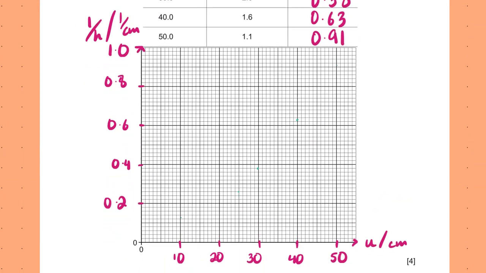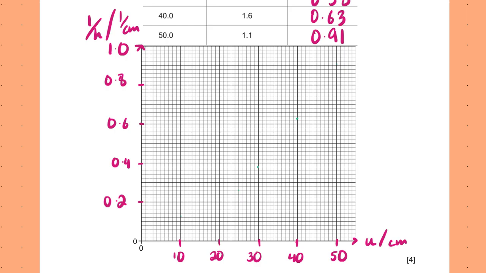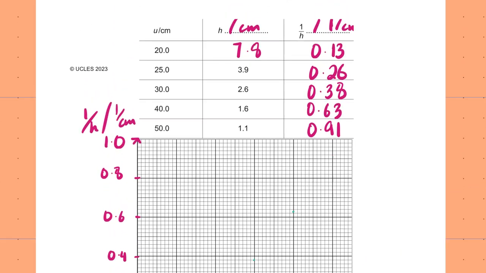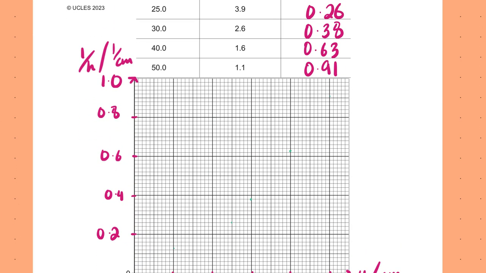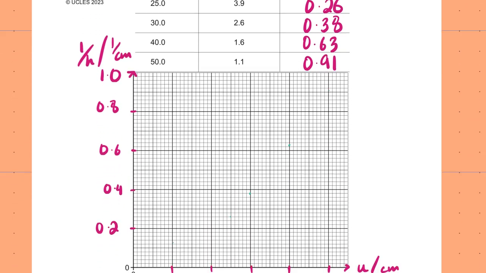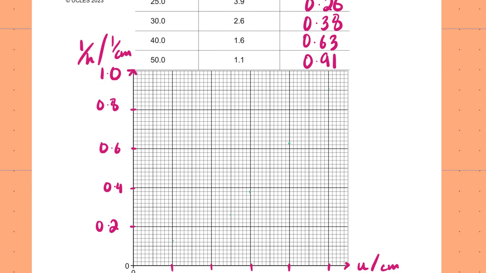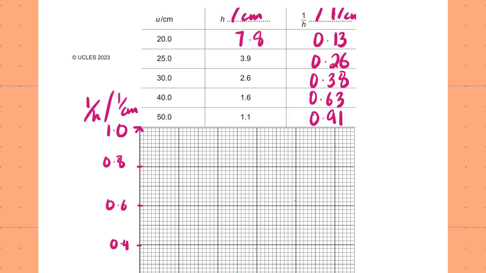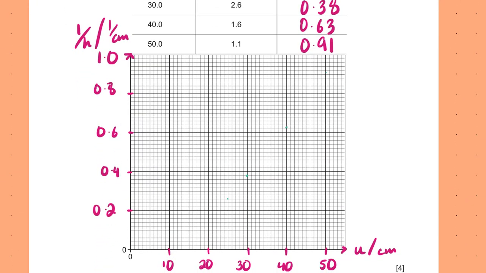So we have to do a line, right? Even though this for some reason looks like a curve. Oh, I made the first one wrong. That's why it looks like a curve. This one is at 20, not at 10. So 20 comma 0.13, 0.1, 0.12, and 0.13. Right? So now it looks like a line again.